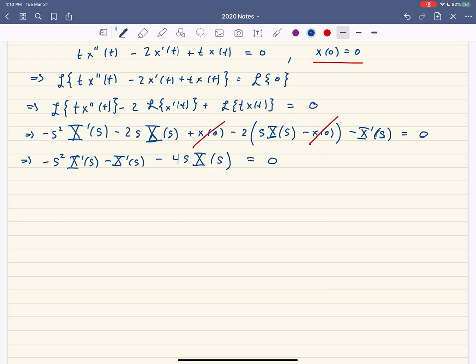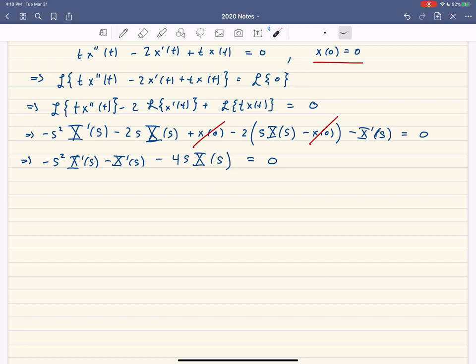We're going to need to solve for capital X so that we can take the inverse transform. We have capital X and capital X prime. That means that we actually need to solve this differential equation for capital X and find our solution.